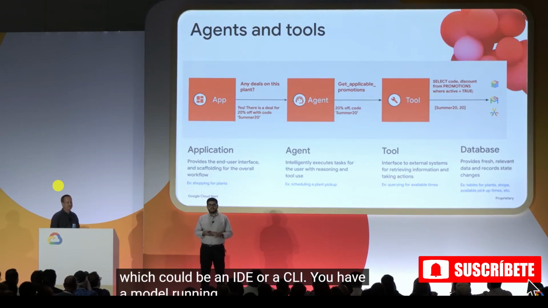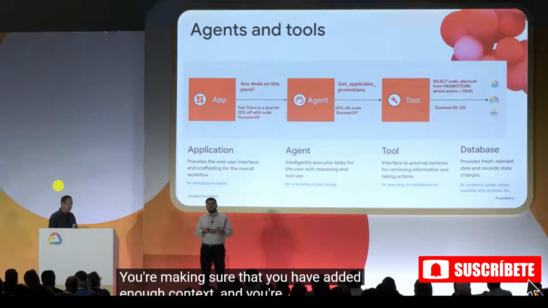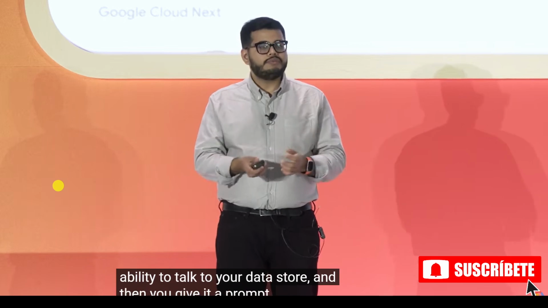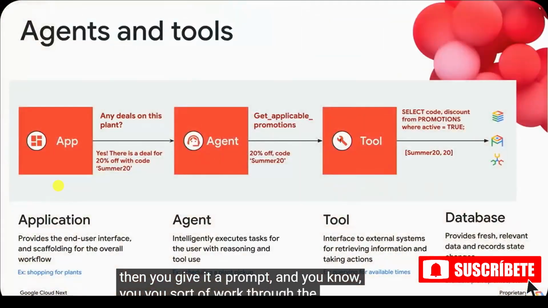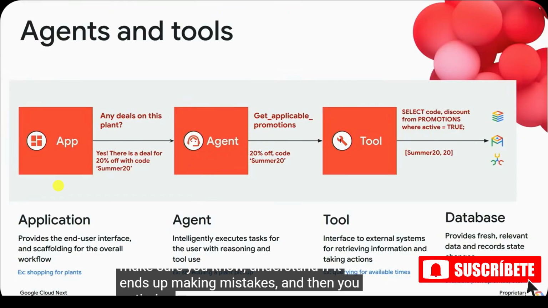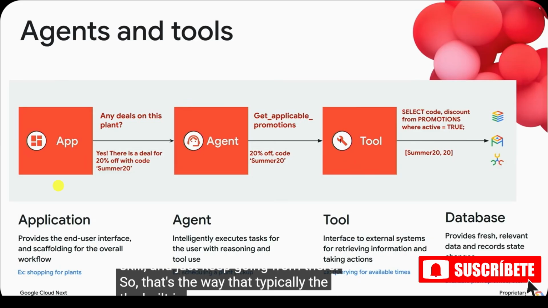You have a model running there. You're making sure that you have added enough context and you're giving it the ability to talk to your data store. Then you give it a prompt and work through the prompt, understand if it ends up making mistakes, and then you optimize that, add that information as a skill, and just keep going from there. So that's typically how the build time use cases work.